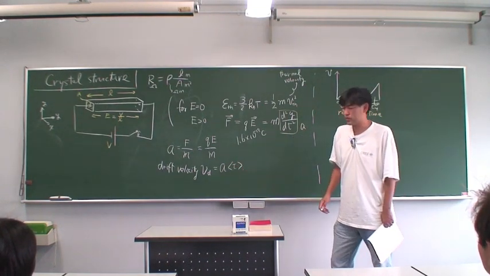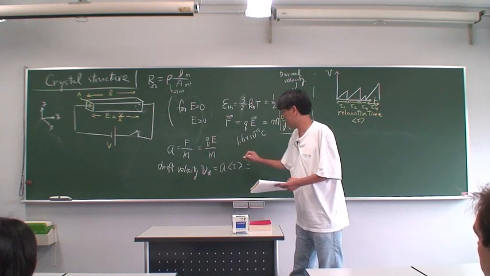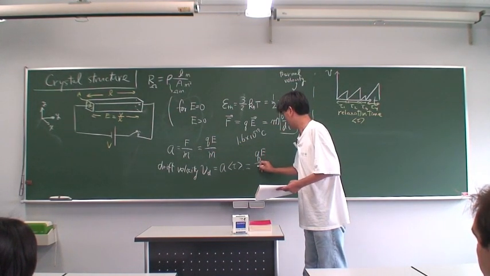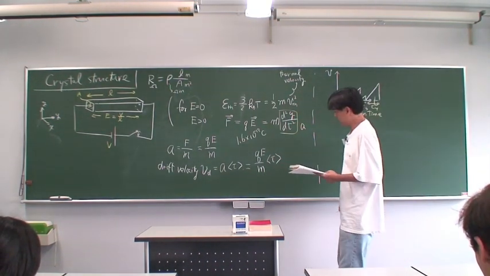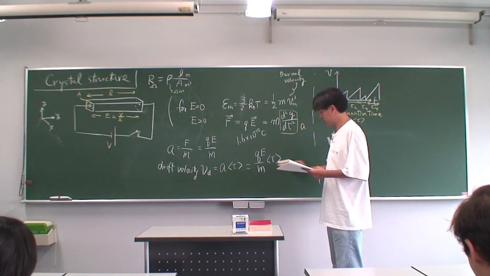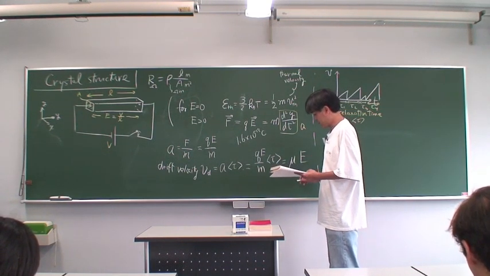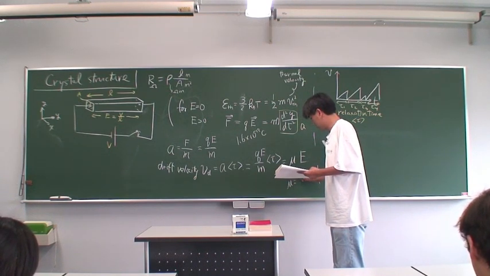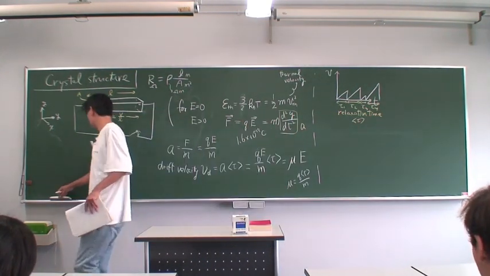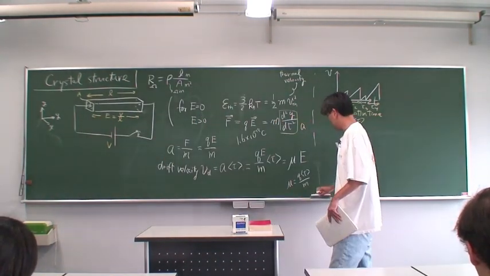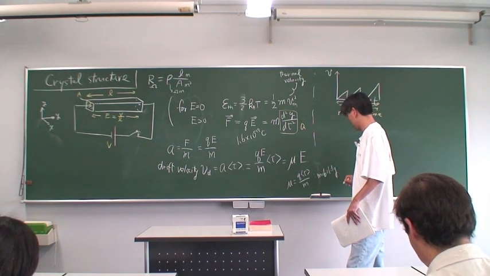This is the drift velocity. Because a is given by this formula, qE over m, times tau, the drift velocity is given by q mu E, where mu equals q tau over m. q tau over m is known as the mobility.